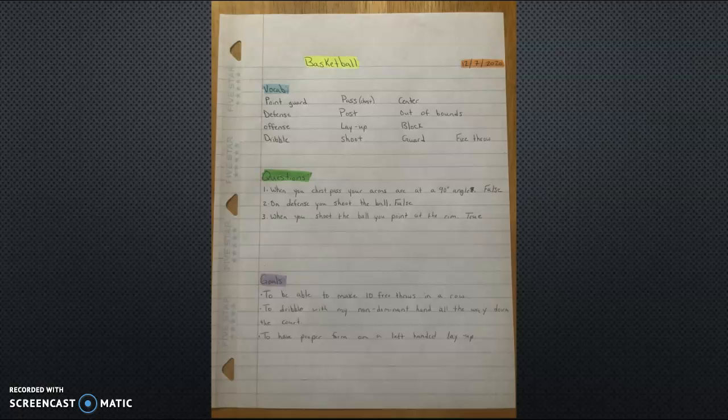In this instance was a chest pass, what a post is, what doing a layup is, what shooting is, what a center is, out of bounds, what that is, what it means to block and to be a guard, and then what a free throw is.